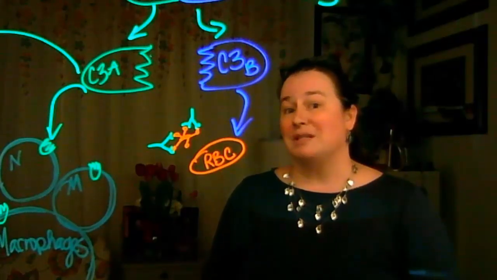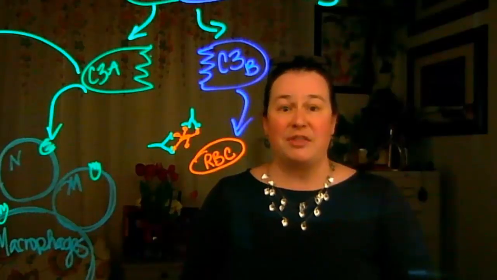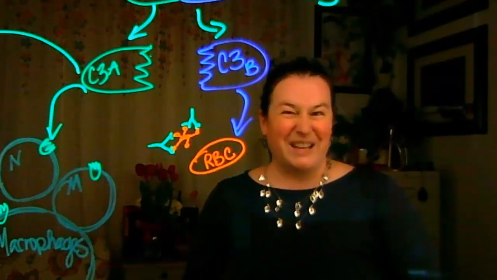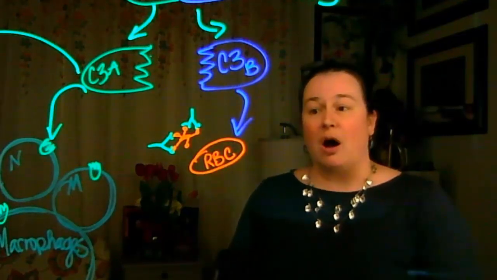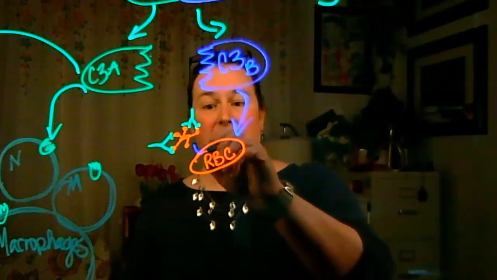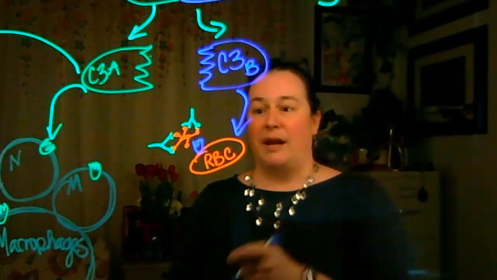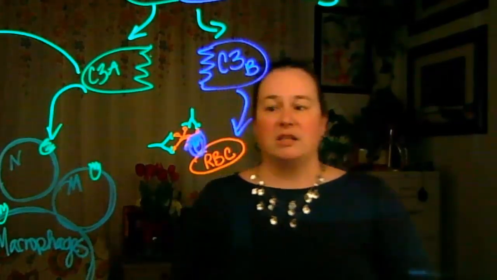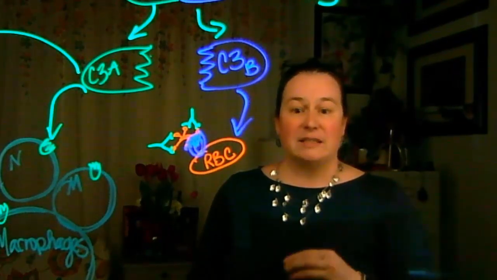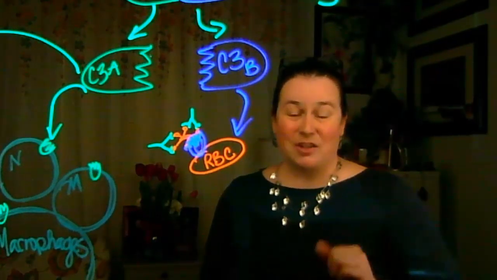This is how complement is helping the third line of defense. If antibodies exist, they can bind to pathogens, but we then need a way to get those pathogens out of the body. So the body can use complement C3, and complement C3 is going to help adhere this complex of microbe. We'll make it a little bigger so it looks like it's grabbing it. And it's going to help hold and adhere and signal this red blood cell to carry this antibody-antigen complex out of the system.